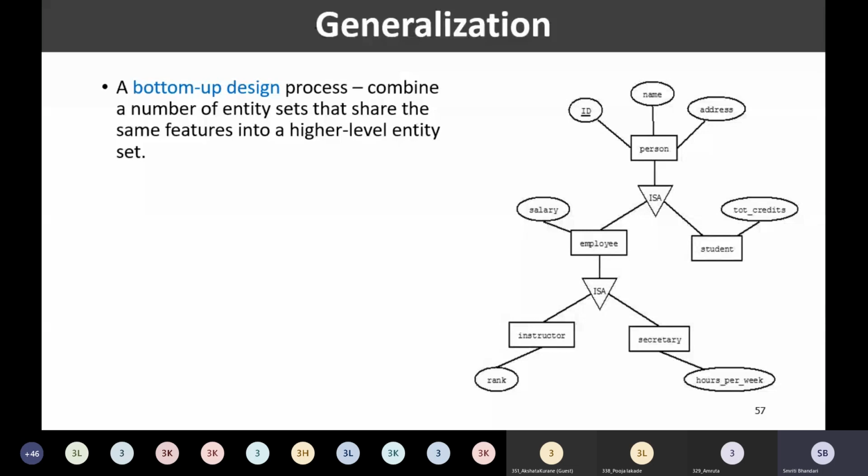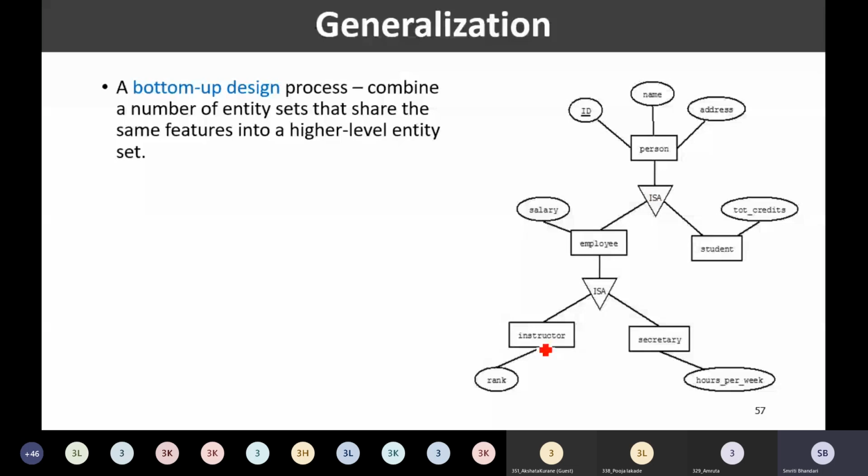In fact, if we relate this generalization process with the ER model, there is no difference at all in drawing the ER model. Okay? The only thing is, in case of specialization, we start the design from this person and we go on splitting the person, grouping this entity person into different entity sets.